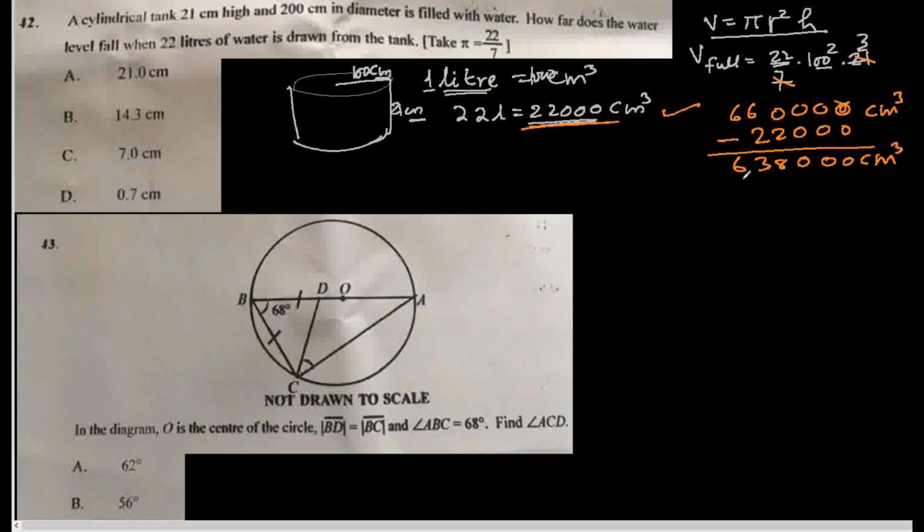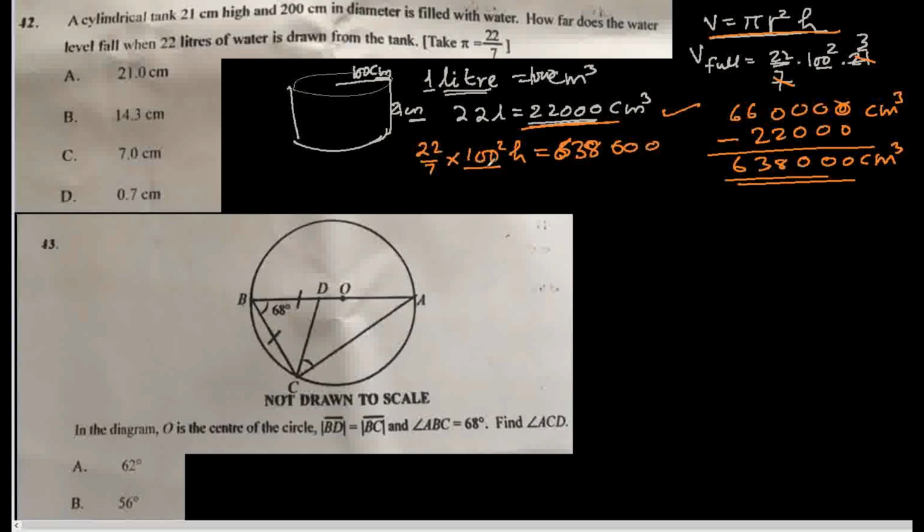Now we want to see how much is the height with this water. So we'll use the same formula again. Pi 22 over 7, r square 100 square, because the radius is not changed. Because of the height decrease, radius remains 100, and the new height we don't know, we want to find out, but we know that the volume now is 638,000.